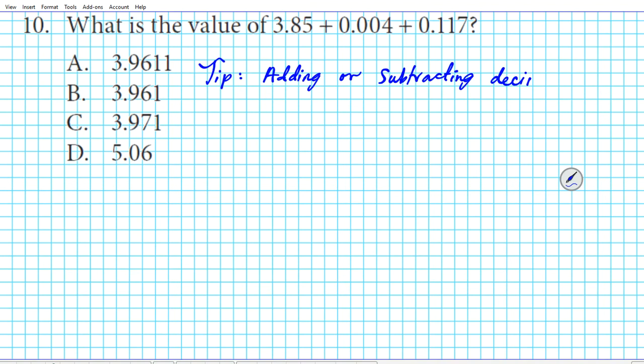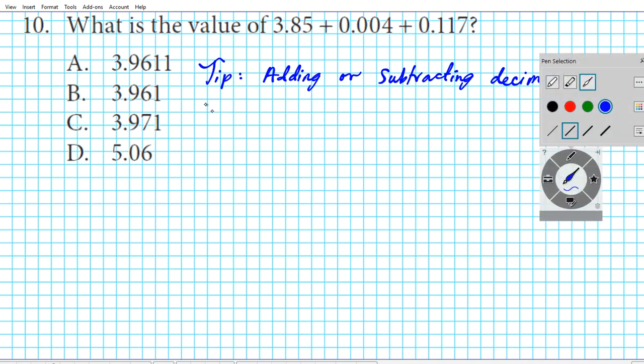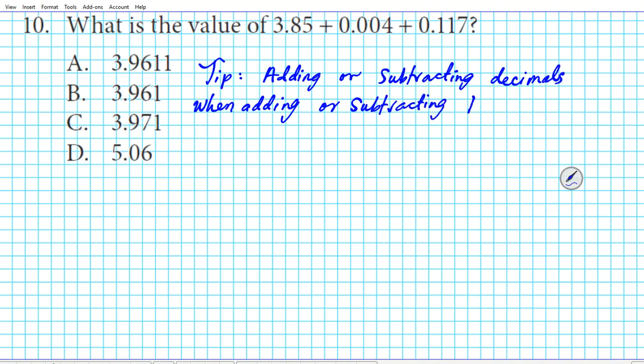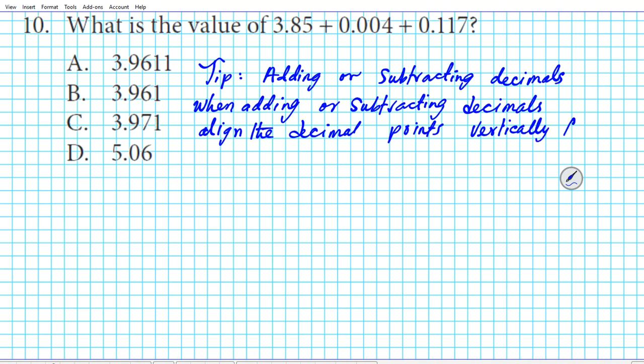Now what's the tip? This tip has to do with alignment. Okay, so when adding or subtracting decimals, what do you want to do? You want to align the decimal points vertically first.